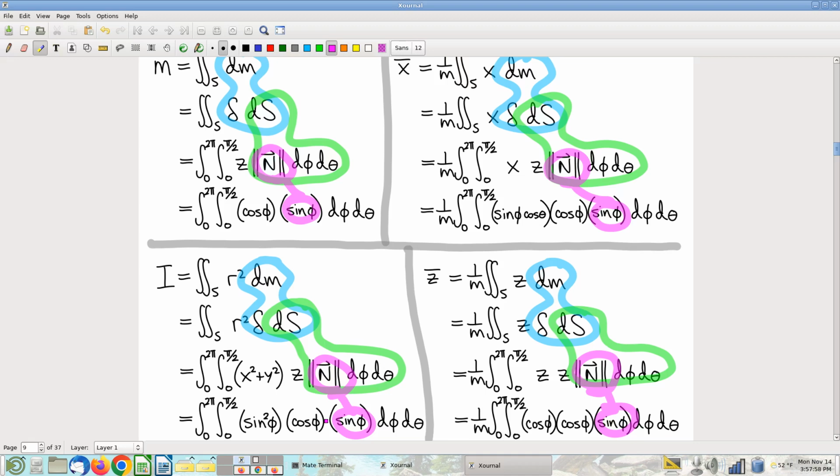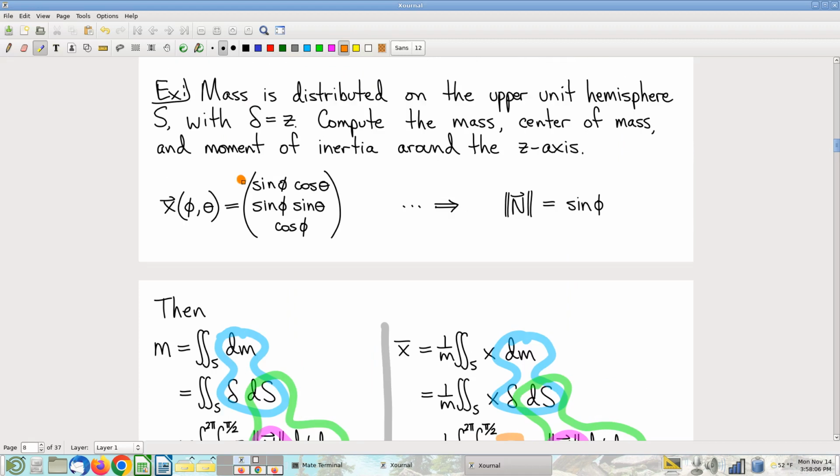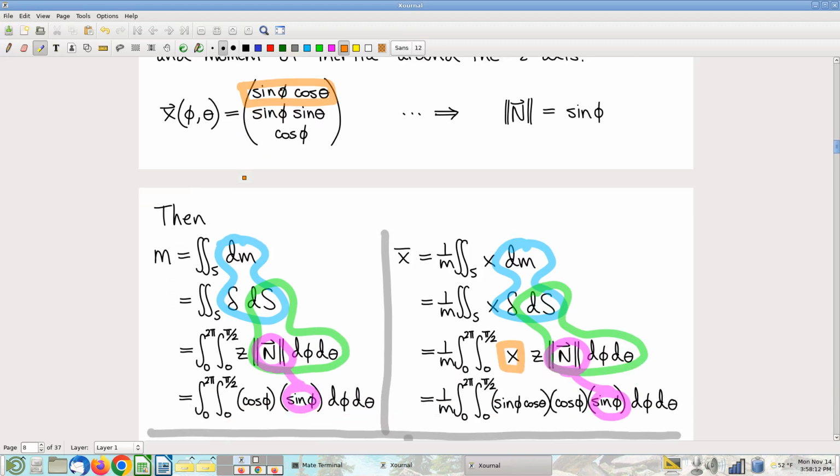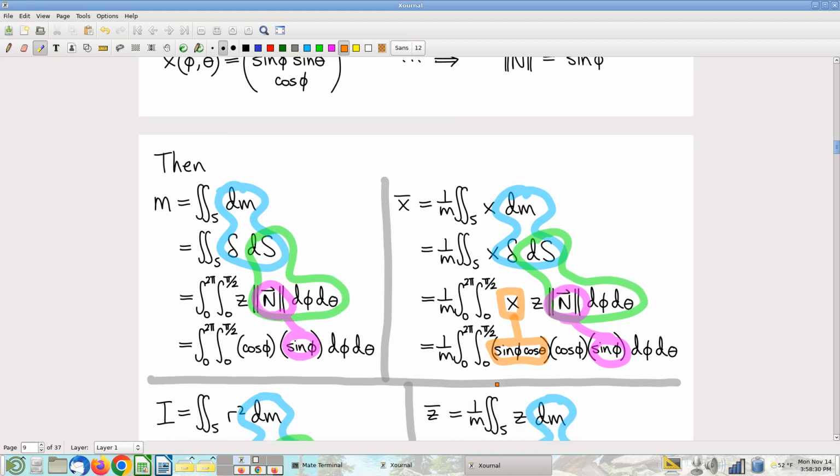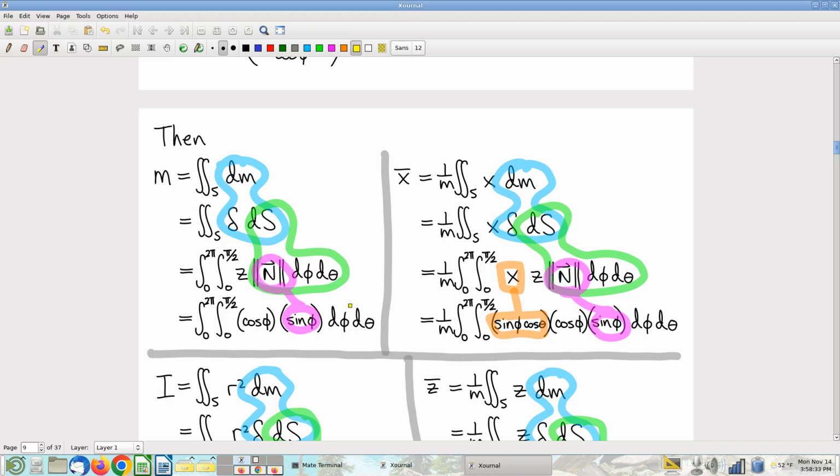What are x, y, and z? What do I do with that x right here? Well, don't forget, x is given by the parameterization. It's the first coordinate of the parameterization. So x is sine phi cosine theta. Everything that you need to simplify these scalar surface integrals that we write down in the abstract comes from the parameterization and the stretching factor. Plug in, and you get double integrals that I'm going to leave, again, as exercises for y'all to compute. I know that y'all are good at double integrals, so you just crank those out.